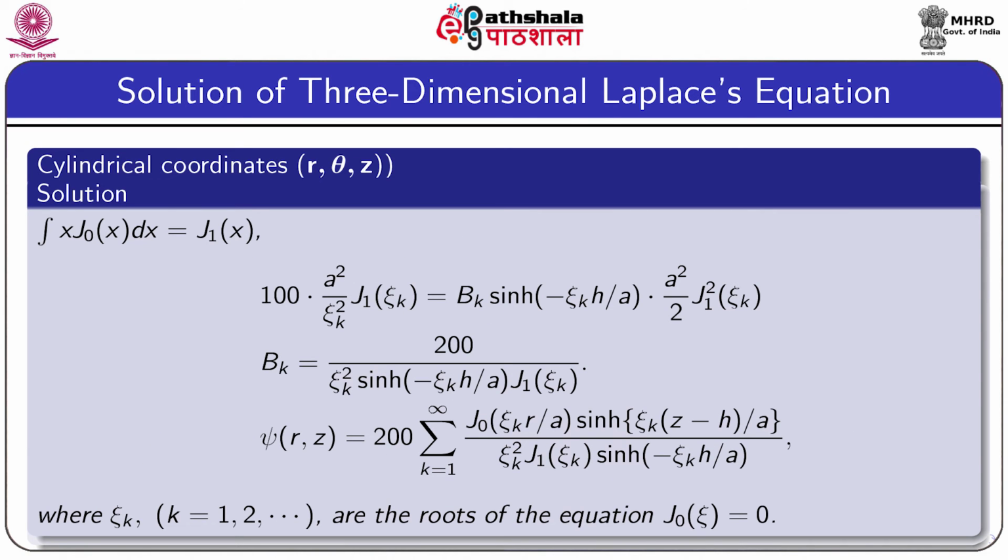So, these are the values of b_k. You have to remember that these xi_k are the roots of the equation J0(xi) equals 0.